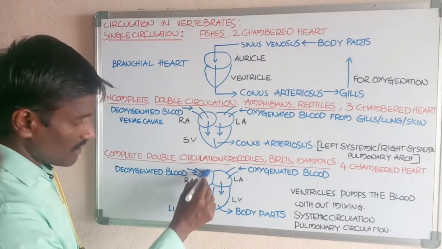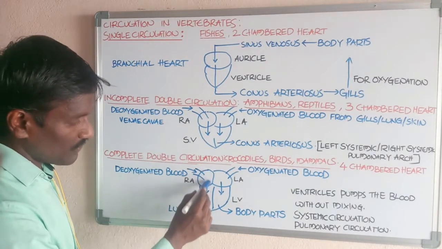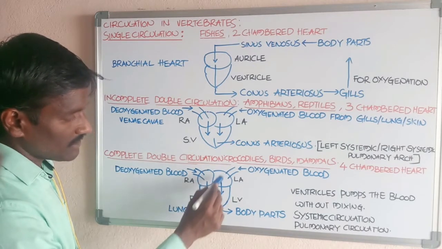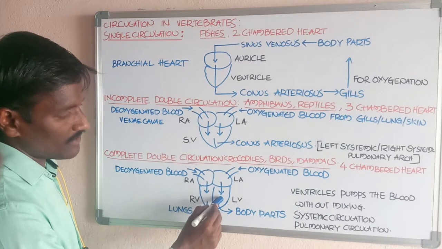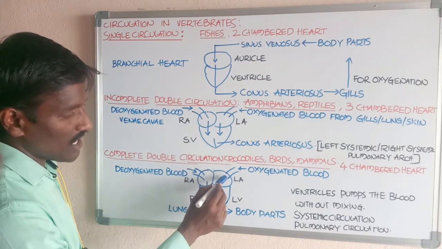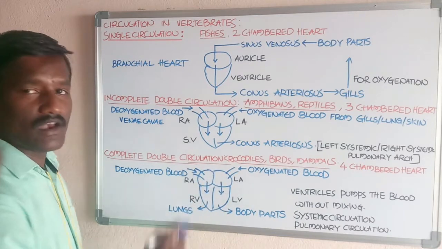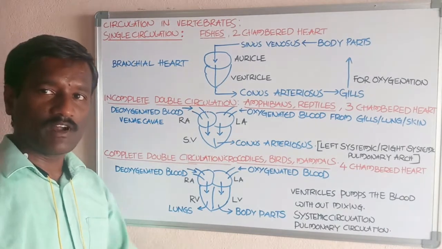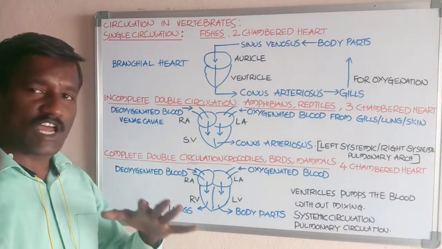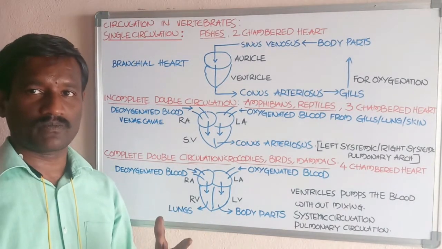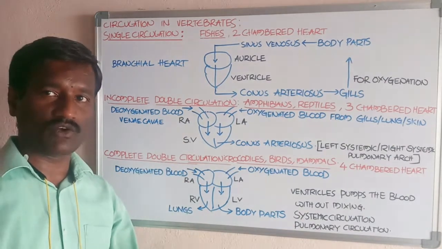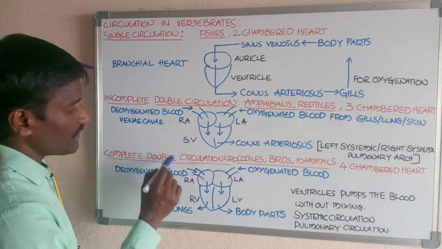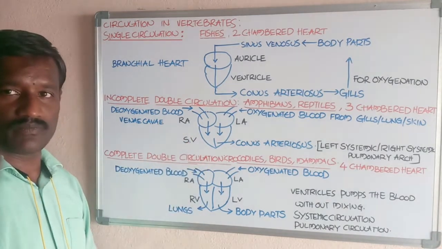The deoxygenated blood flows through these two right chambers, and the oxygenated blood flows separately through the left atrium and the left ventricle, never mixing up. This type of circulation is available in birds and mammals along with the crocodiles, and is called complete double circulation.